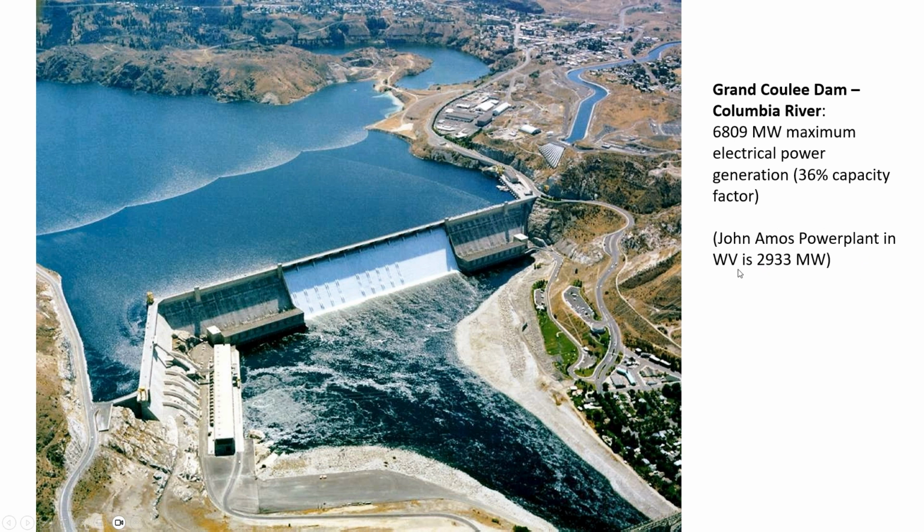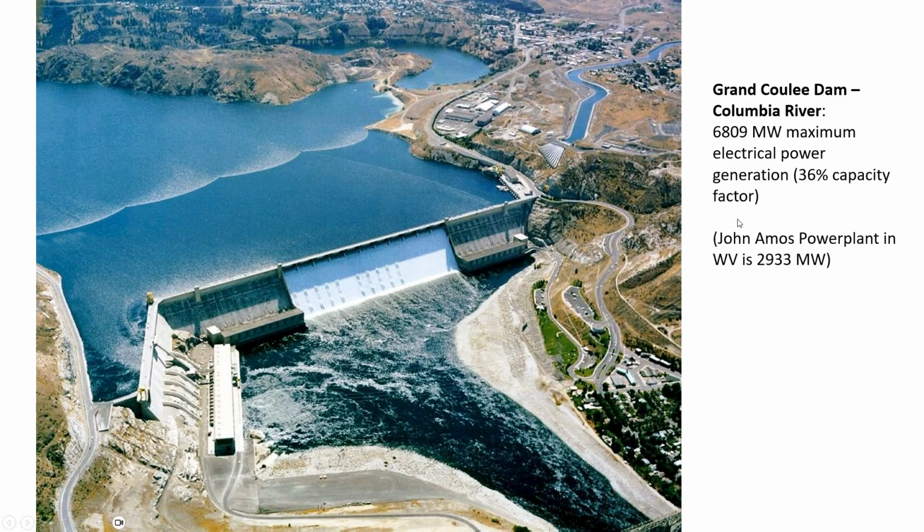And that is the largest coal-fired power plant in the AEP inventory. And AEP is a big power company. They have a lot of customers. They sell a lot of electricity, and John Amos is their biggest power plant. John Amos provides enough electricity for more than 2 million households. So this Grand Coulee Dam could provide enough electricity for more than 5 million households.